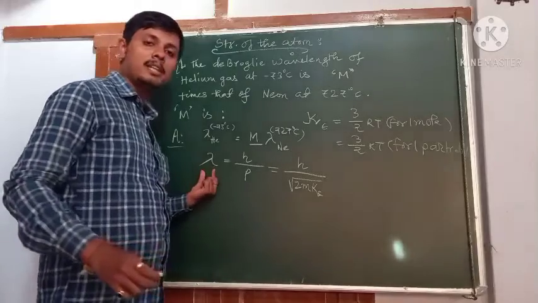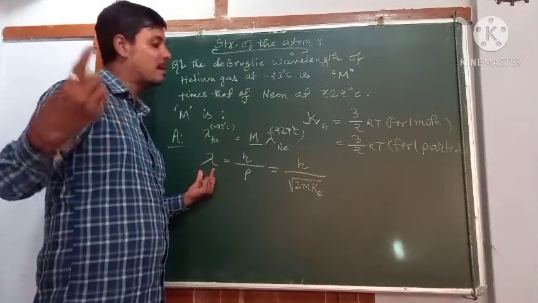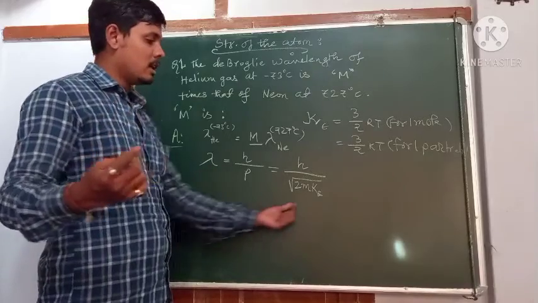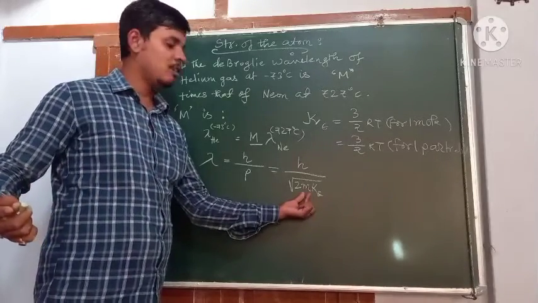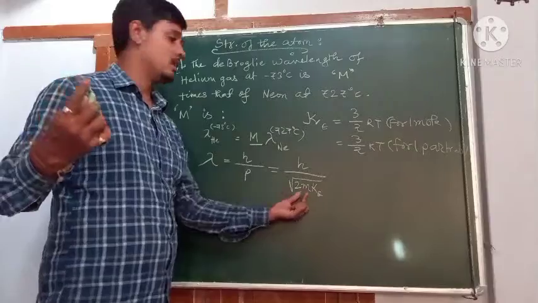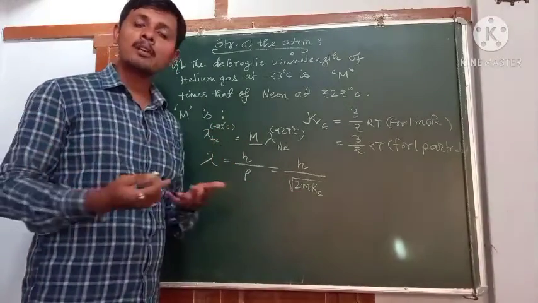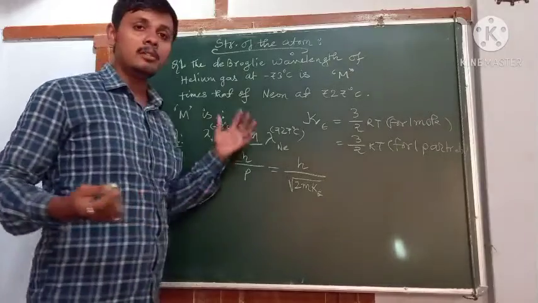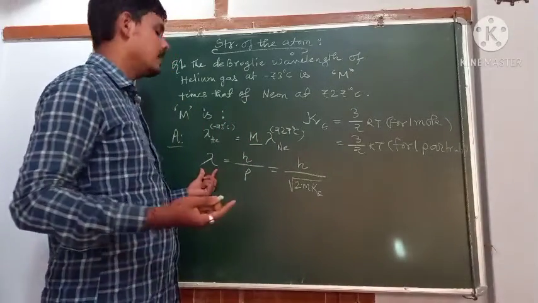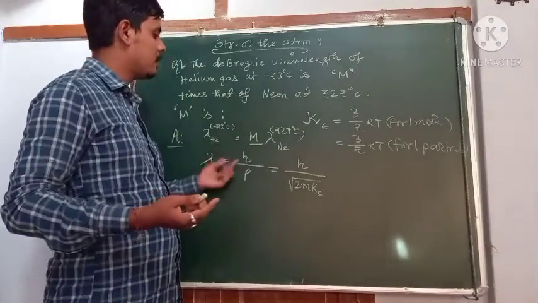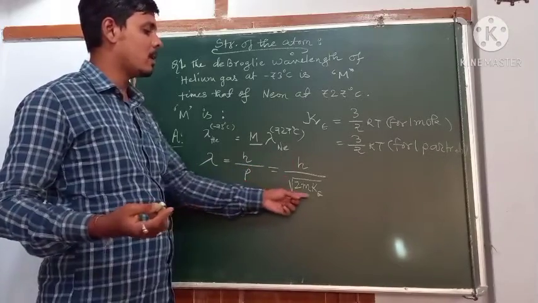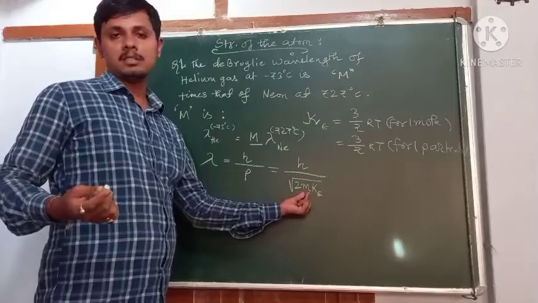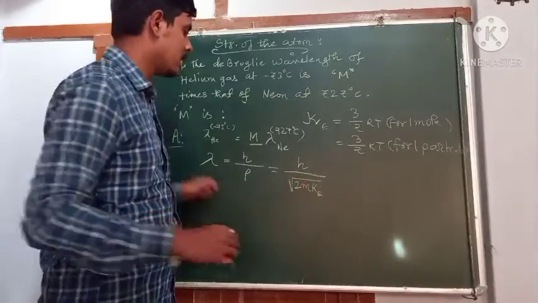If we are calculating this lambda for one atom, we will use the atomic mass, that is the mass of one atom. If I were calculating for one mole, I would use the molar mass. So we are taking one atom: lambda is h by p, so h by root over twice m KE, where m is the mass of the gas particle.